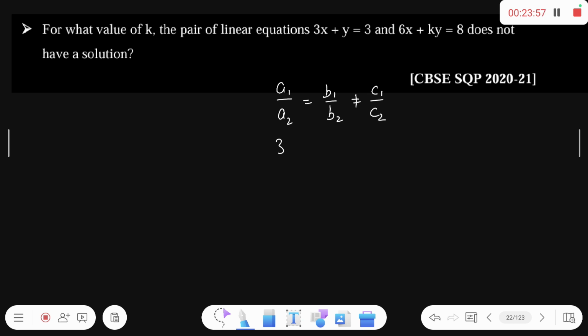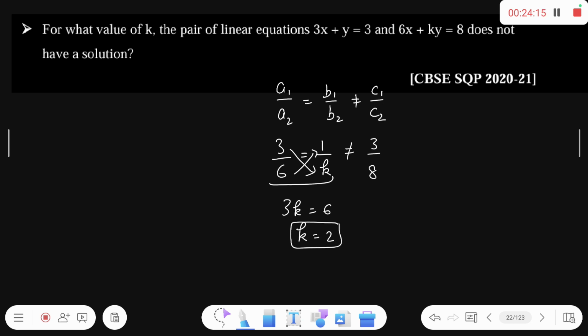So 3 by 6 is equal to 1 by k is not equal to 3 by 8. So taking these two ratios, 3k is equal to 6 or k is equal to 2. Next question.